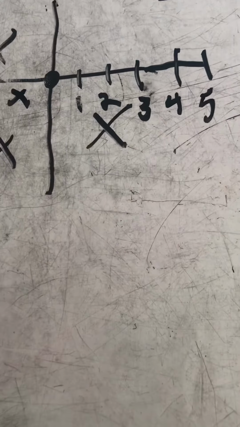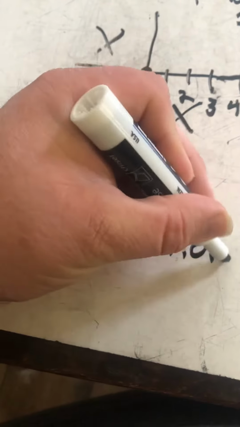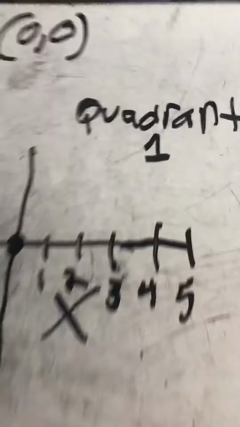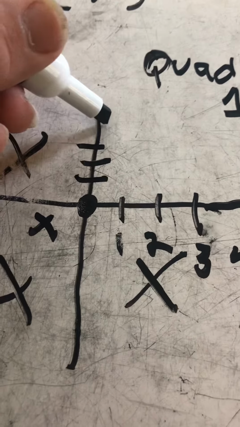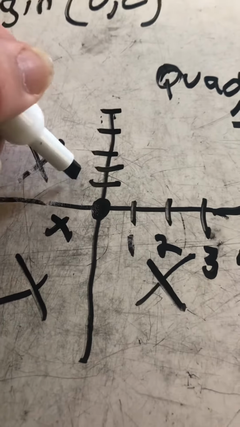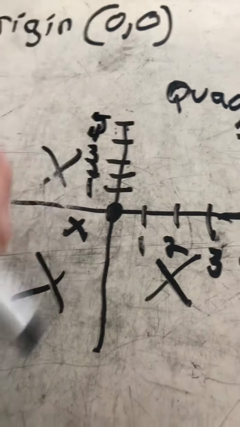The x-axis is horizontal. So we have another axis on here too, the one going up and down, or vertical. It's the same way. It's a number line. So 1, 2, 3, 4, 5. It's like an up and down number line.